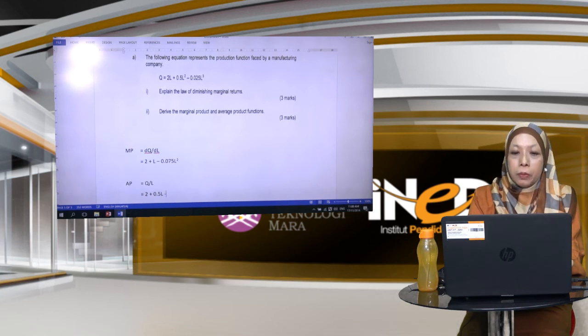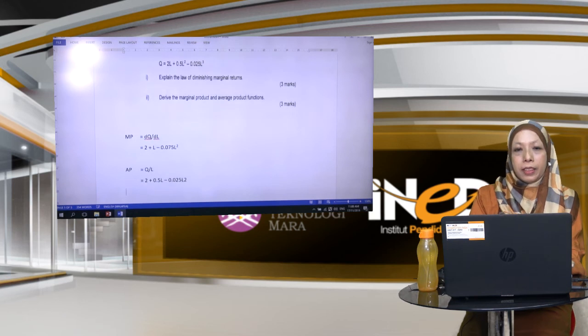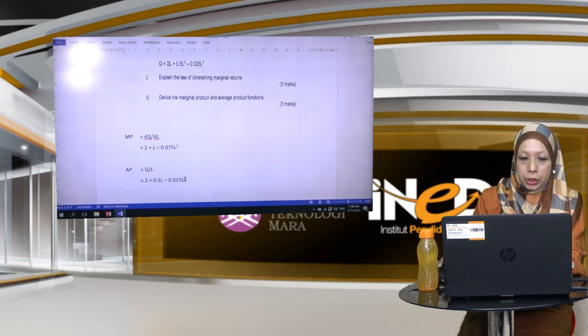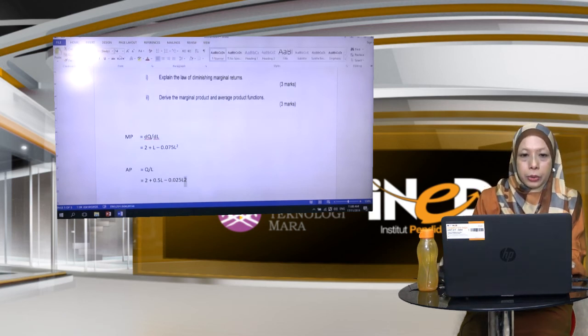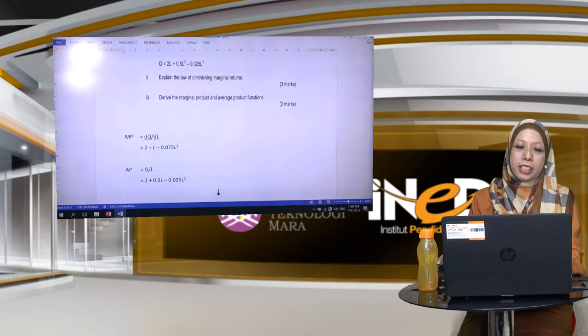And 0.025 L to the power of 3 will give you 0.025 L squared. So this is how you derive the average product function.